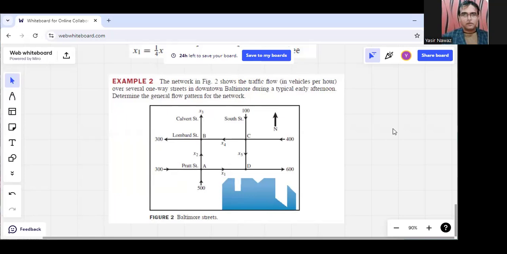Determine the general flow pattern for the network. So that's a network problem.